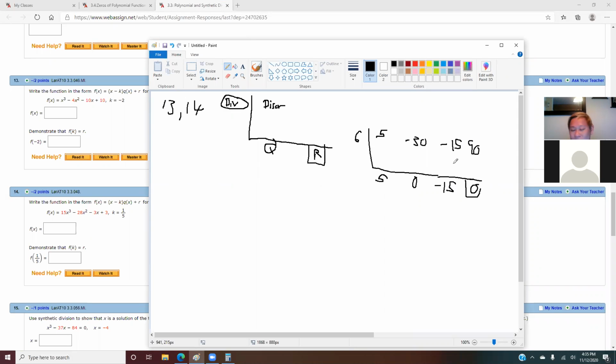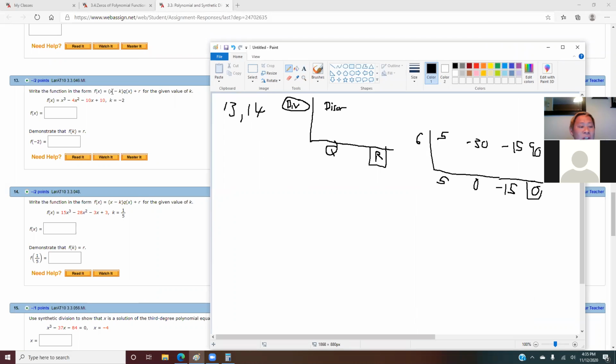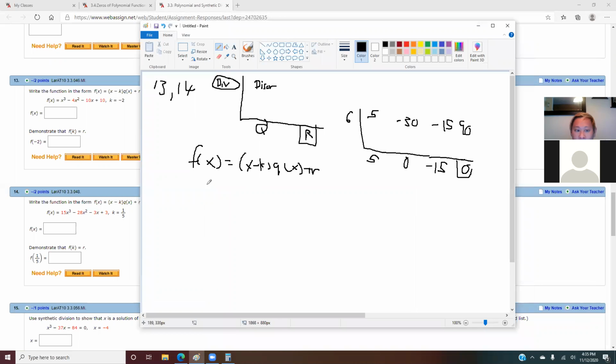So when you want to write this in what we call the division algorithm form, f of x equals x minus k, q of x plus r. How do you write this? The x minus k comes from this; this is your k. So in this case, it will be x minus 6.